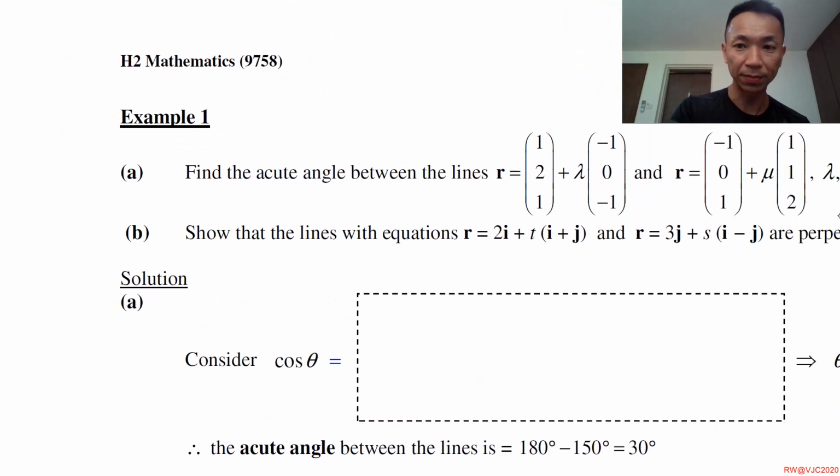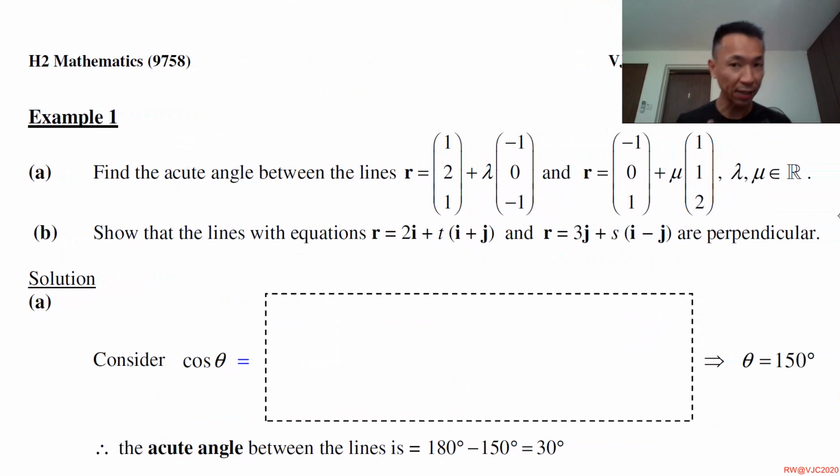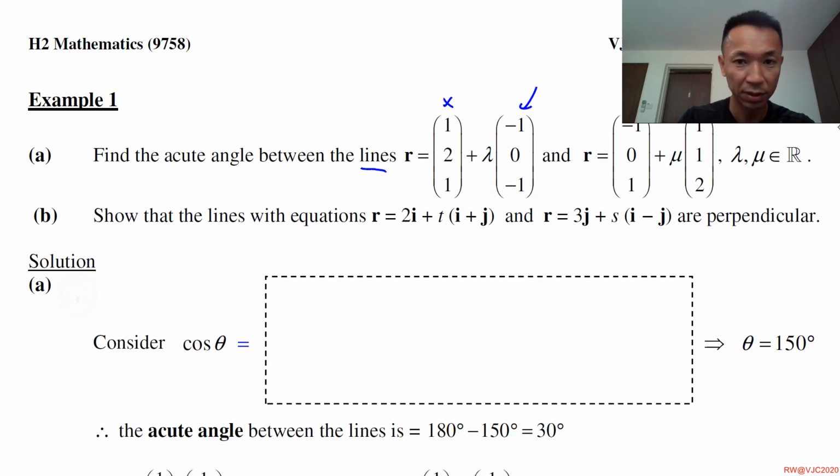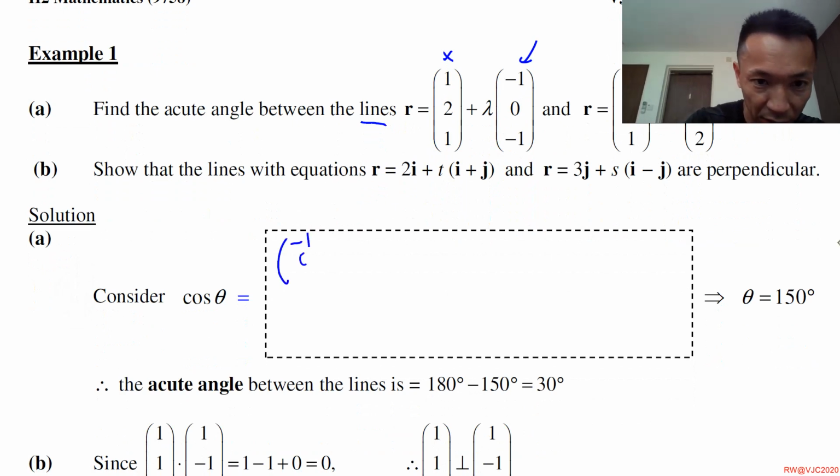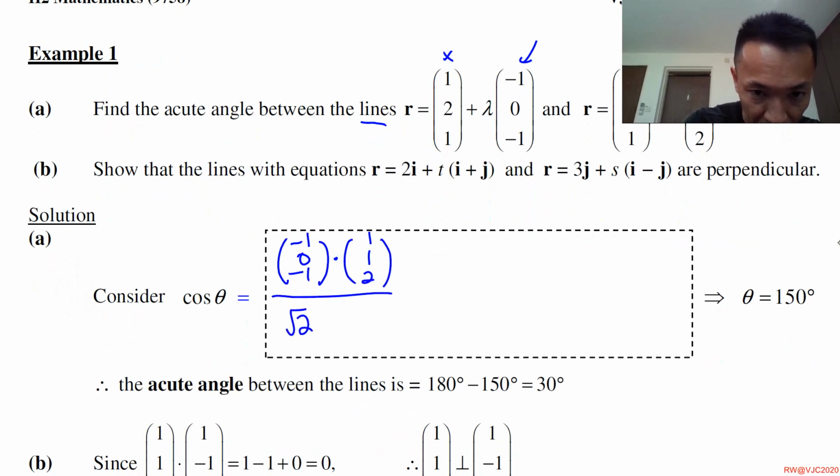Let's look at example 1. Another example, I have two lines with these two direction vectors. Like I said, when you want to find the acute angle, the position vector needn't matter, it is not important. All I need to take is the direction vectors, and I take the dot product: -1, 0, -1 dot 1, 1, 2, divided by root 2 times root of 1 plus 1 plus 2, root 6.